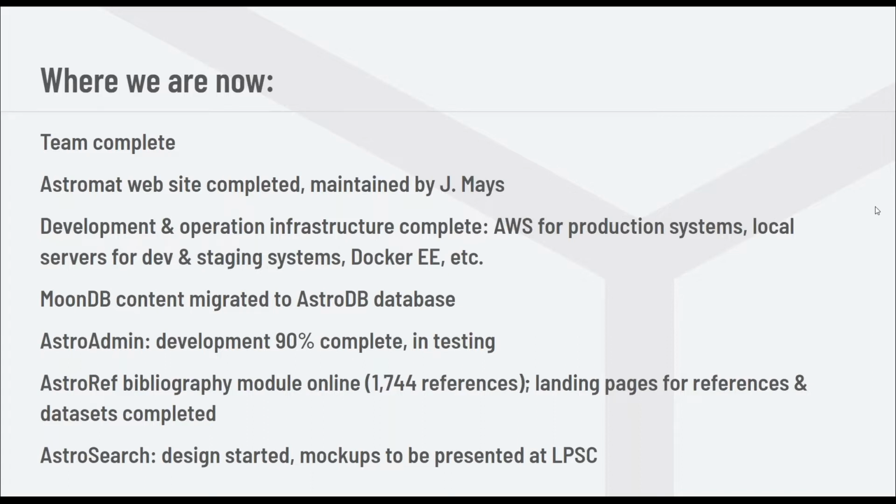So if there are events or any news that you would like to share, please contact Jennifer. We have set up our entire development and operational infrastructure. Our production system now runs in the cloud at Amazon, but we have local servers for our development and staging systems and so on, containerized or in a development environment for containerizing these applications.